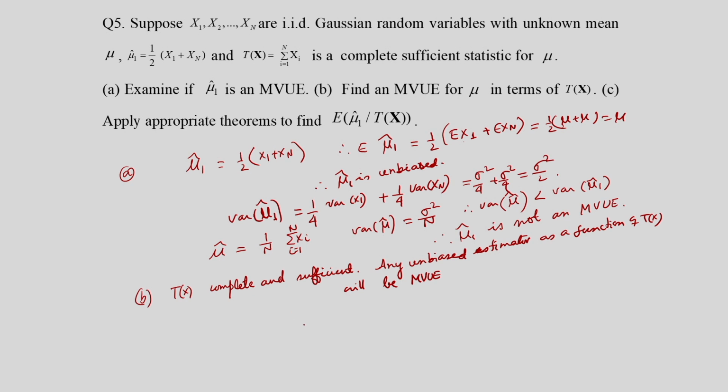And we know that mu hat is equal to summation xi, i going from 1 to n, divided by n, that is equal to Tx by n. So, it is a function of Tx, and it is unbiased, therefore, it must be MVUE. Therefore, mu hat will be the MVUE.